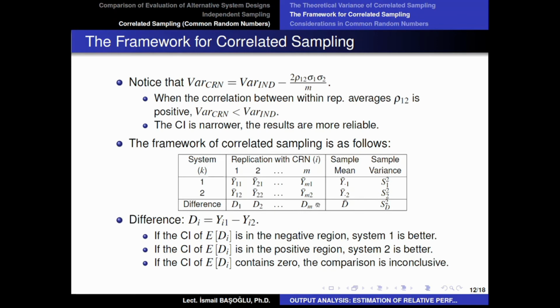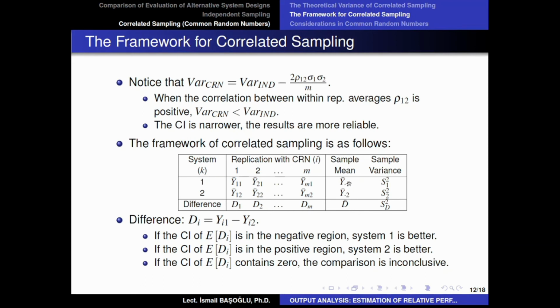And you subtract y22 from y21, and you calculate the difference between the two systems in the second replication, so on and so forth. Then you calculate the sample mean of this d bar, and actually this d bar, the sample mean here, is going to be the difference between these two sample means. So either you calculate the sample mean of these d1, d2, d3 values, or you can simply subtract the sample mean of the second system from the sample mean of the first system.